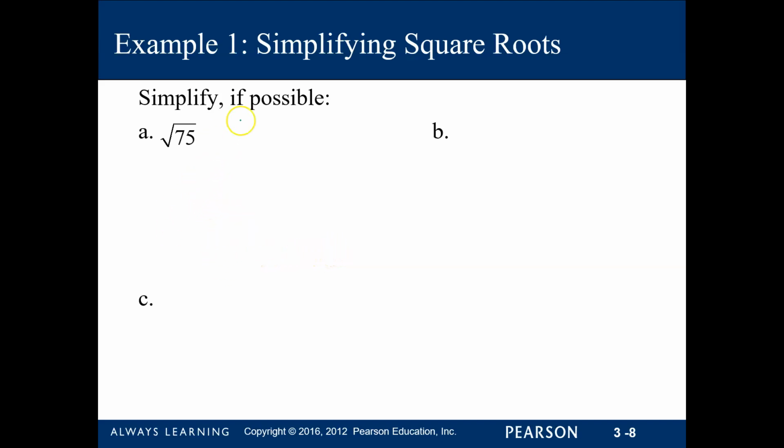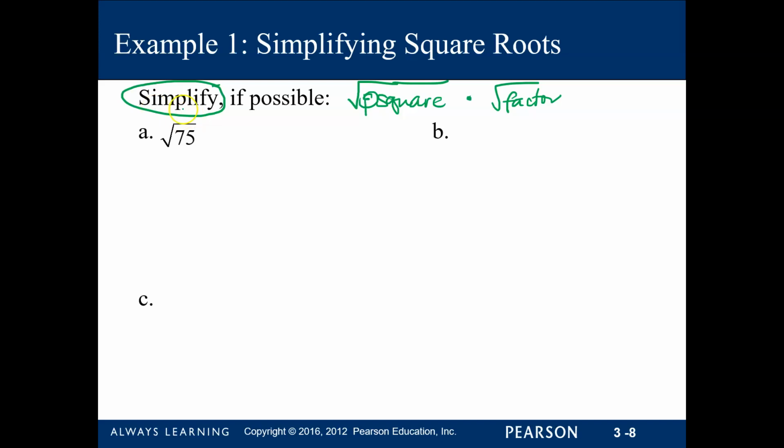Square root of 75. When we talk about simplifying, we have to make sure that when we factor out our value here, one of the factors needs to be a perfect square, and it should be multiplied by another factor. That is important.